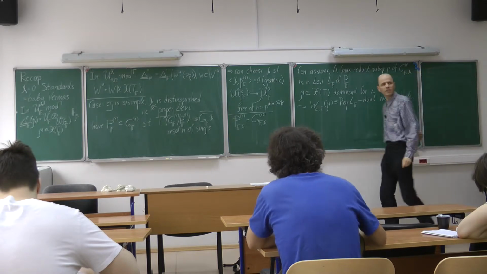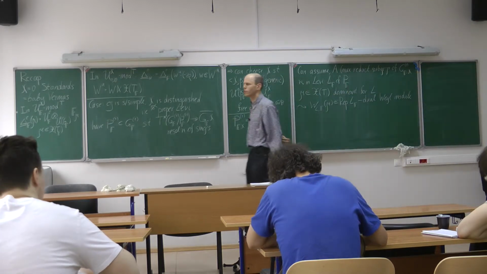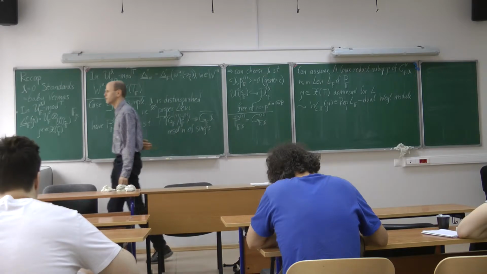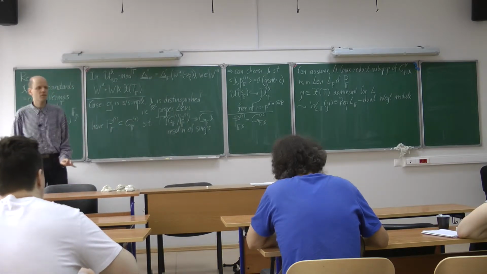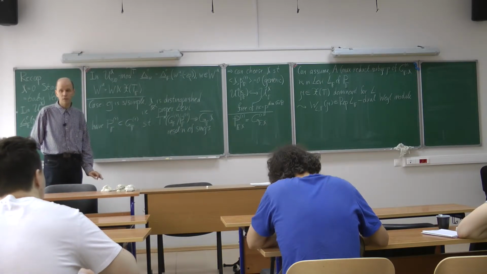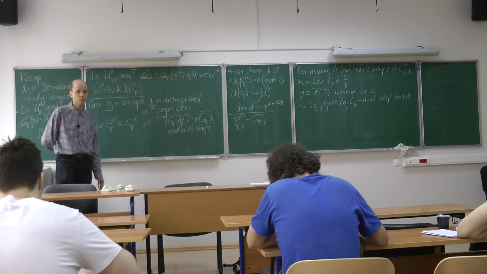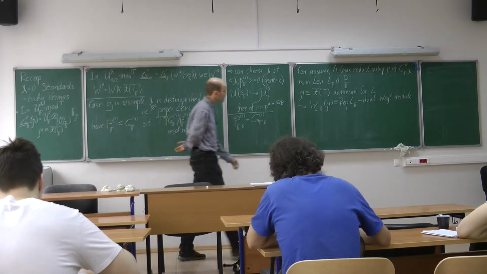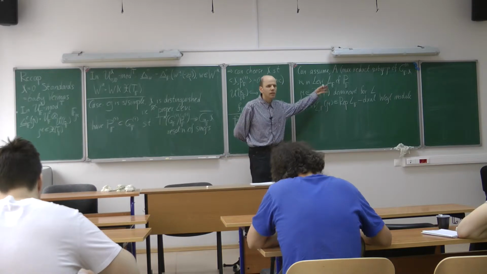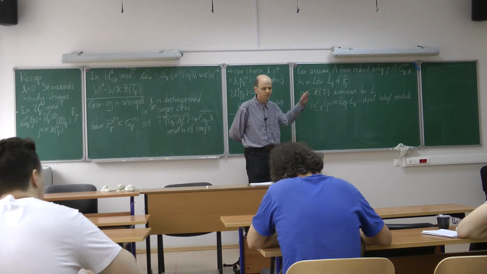For purposes of this lecture, it's not that important what the module is. What's more important is that its character in the usual sense is the same as the character of the irreducible in characteristic 0. And then we produce our standard object by inducing this up.